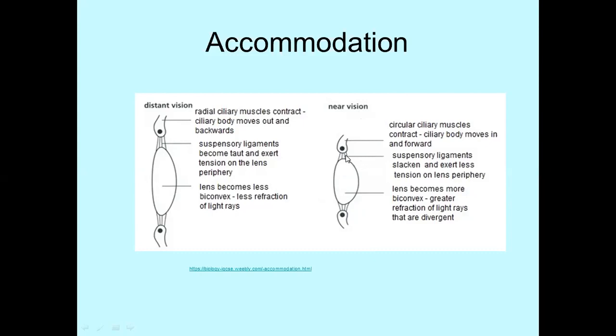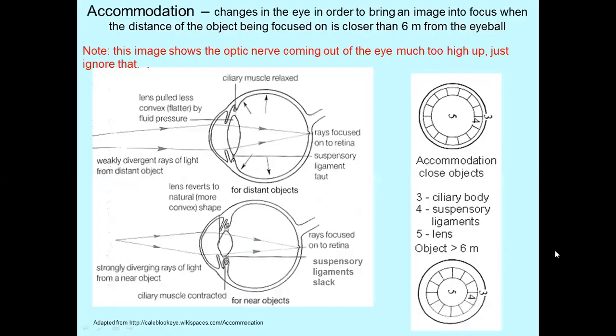The suspensory ligaments slacken. There's less tension on the periphery of the lens. The lens becomes more biconvex, compare it to the one on the left, and there's greater refraction of the light rays. Okay, and that forms a focused image on the retina.